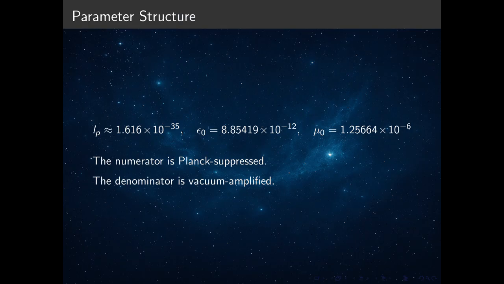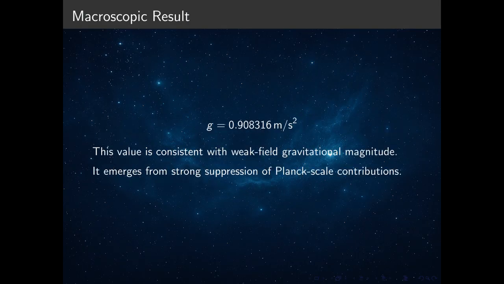The expression shows that the numerator contains extremely small Planck scale terms, while the denominator contains squared vacuum and charge terms, producing a highly suppressed acceleration, consistent with macroscopic gravitational magnitudes when evaluated over large R. g equals 0.908316 meters per second squared.